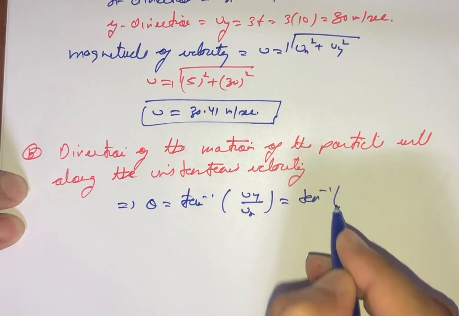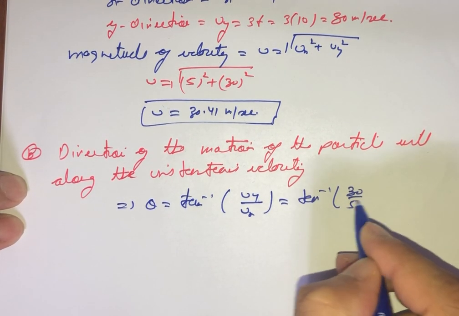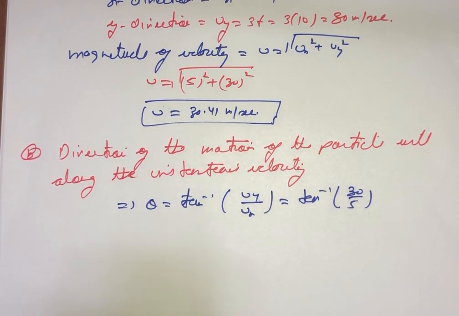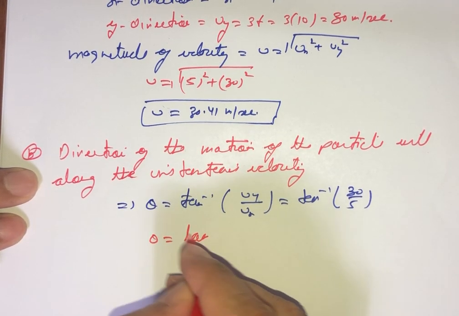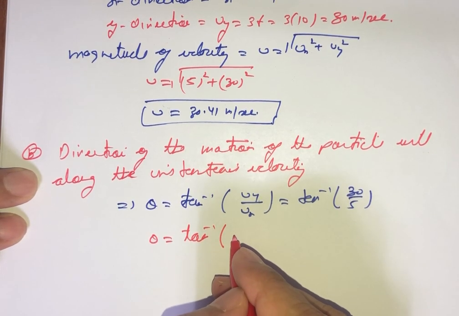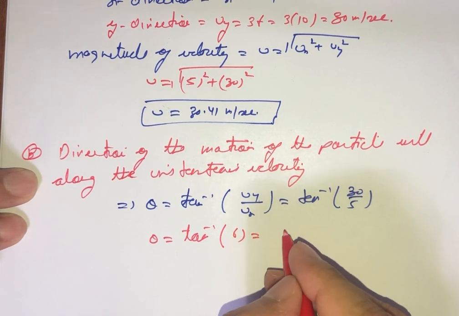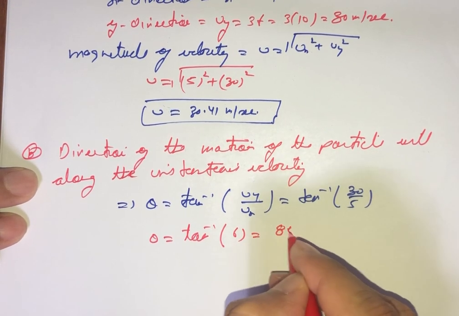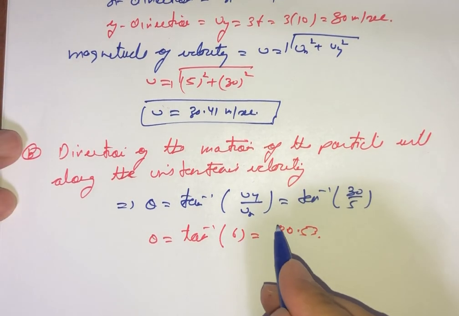So tangent inverse of 30 by 5, so theta is coming as tangent inverse of 6, which is approximately equal to 80.53 degrees. Okay, so this is the direction.